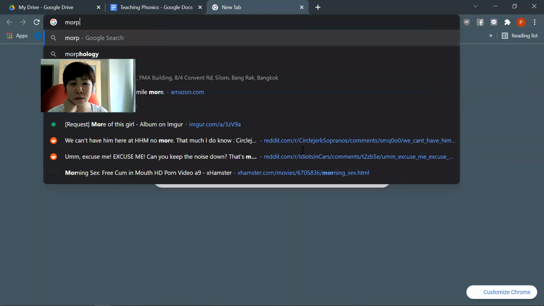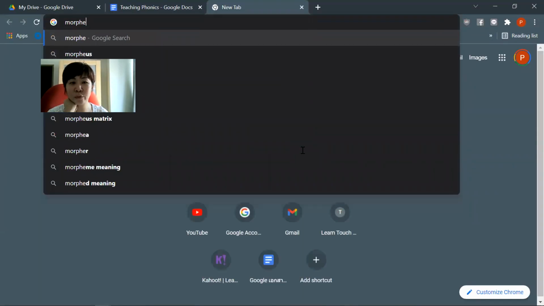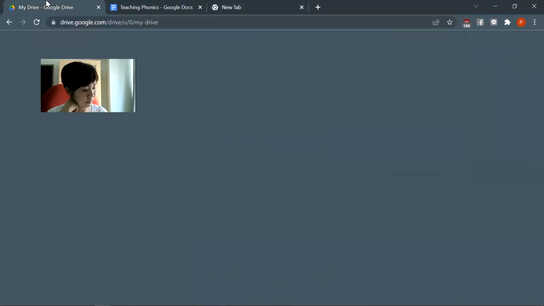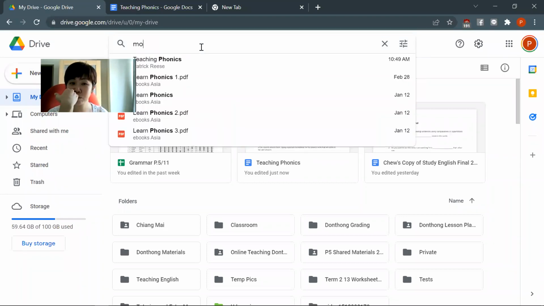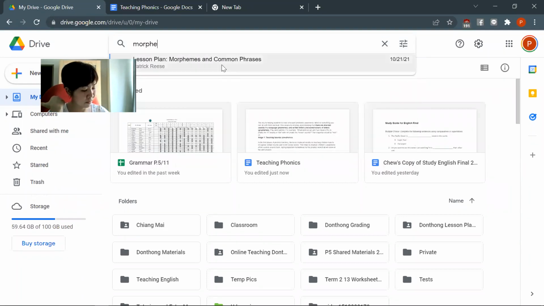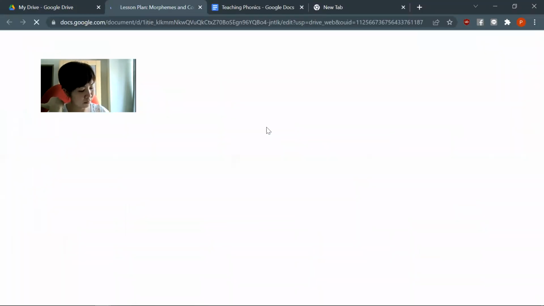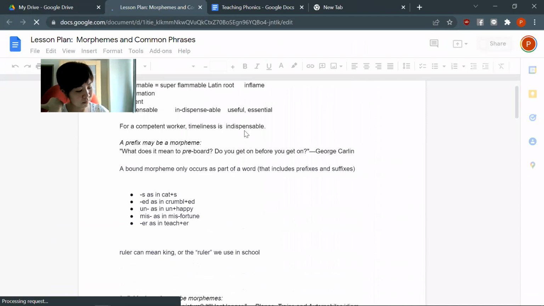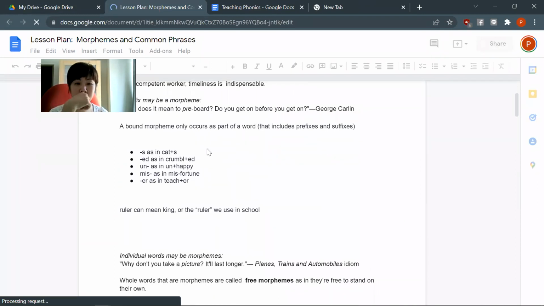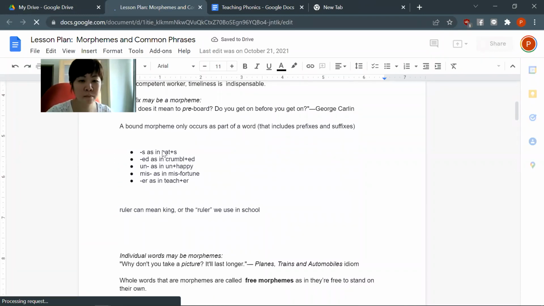It's my morphemes lesson. Morphemes are the basic building blocks of language. So they're basically like the molecules of English. If letters are the atoms, then morphemes would be your molecules.